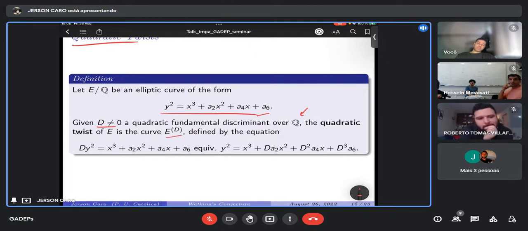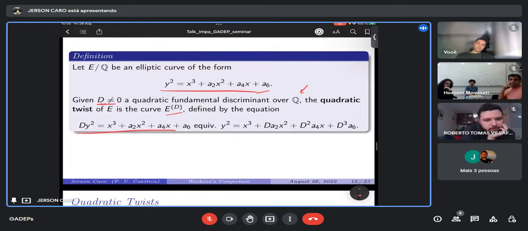And in this case we can do a quadratic twist by this d, taking this equation for E, and it's denoted by E_D. And one important thing is that these elliptic curves are isomorphic over Q(square root of D).